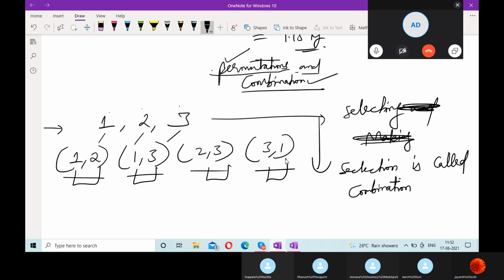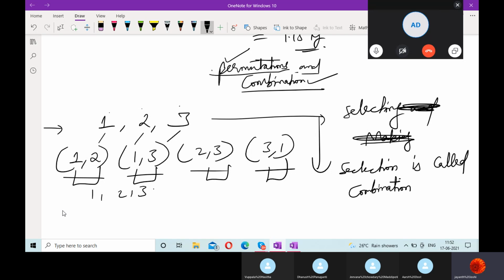Now see, here the ultimate objective is to make groups. We are making a number of groups, correct? So these are the groups actually. Suppose 1, 2, 3.